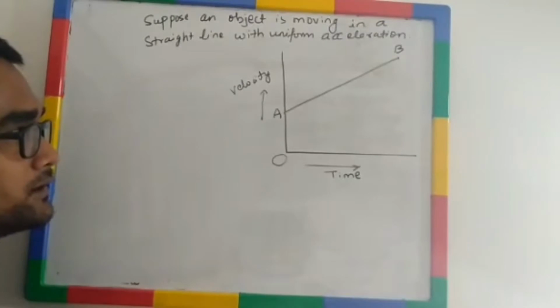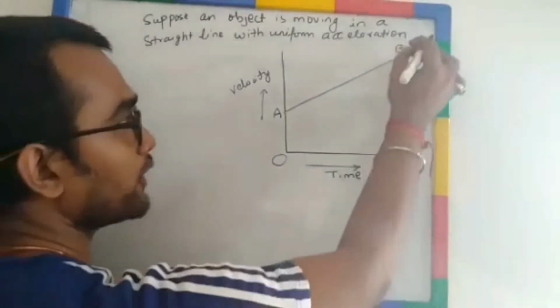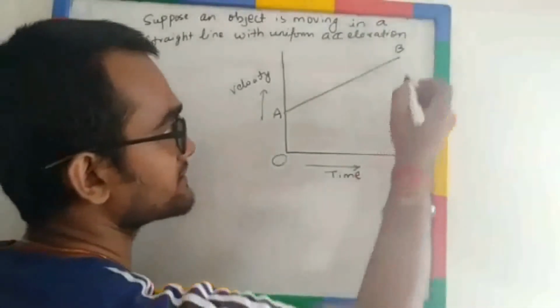Now, to complete the diagram, I will drop a perpendicular from point B to the x-axis.